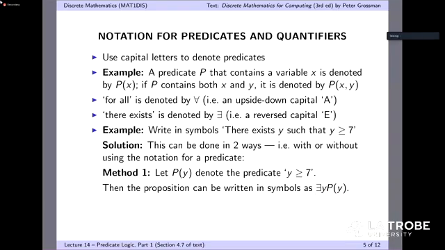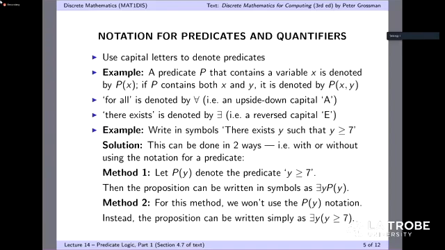Alternatively, you simply write this as here's the example. There exists, replace that with this reverse E. There exists y, and y is greater than or equal to 7. This is just the symbolic form.